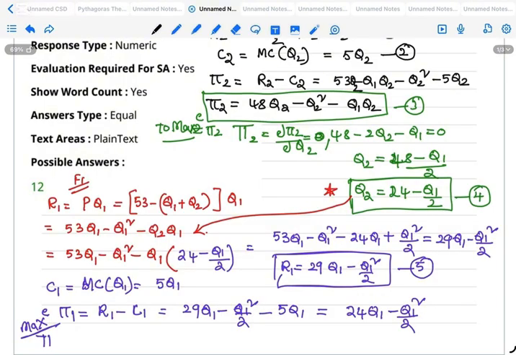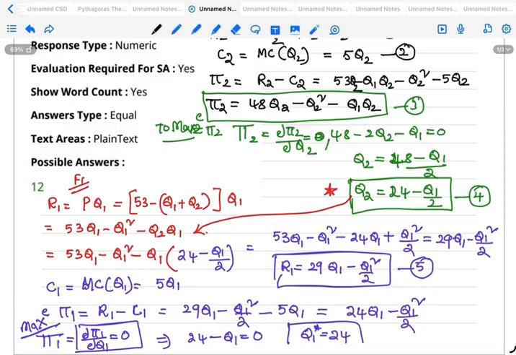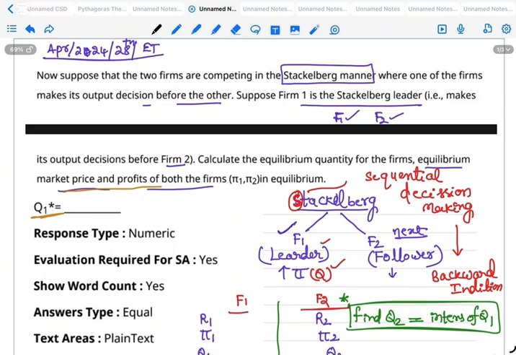Then dou pi 1 by dou Q1 equals 0. That implies 24 minus Q1 equals 0, that is Q1 star equals 24. This is the answer, 24.